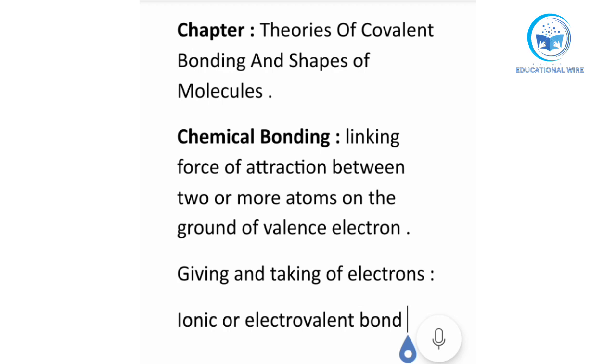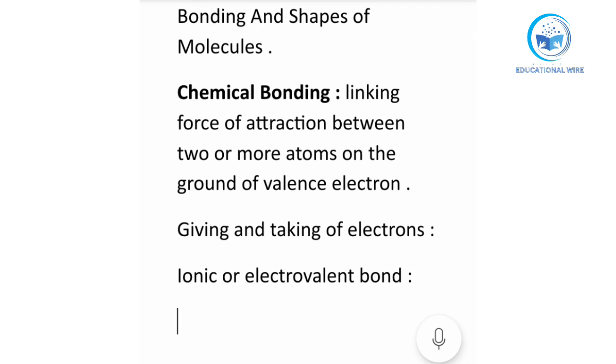Okay, so here we are having ionic bond, and we are having two types. One is metal, means metal is giving, and secondly we are having non-metal. Non-metal is taking.